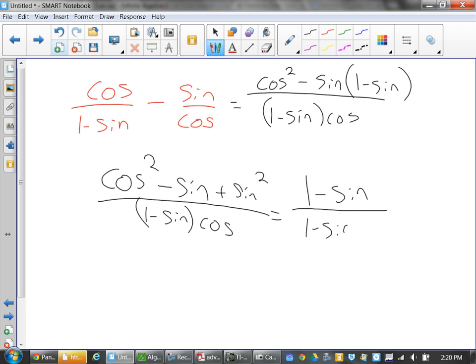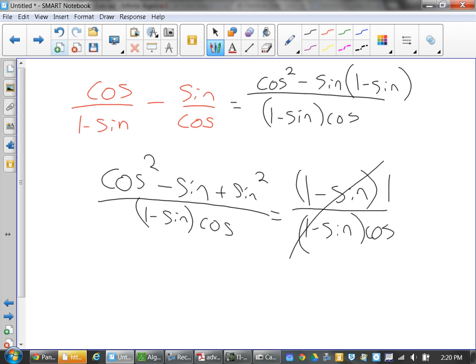Killing puppies only applies to factors. Now what do I do? It's 1 over cosine. Now I can do that because this is its own term, because I can put 1 here. You did it.